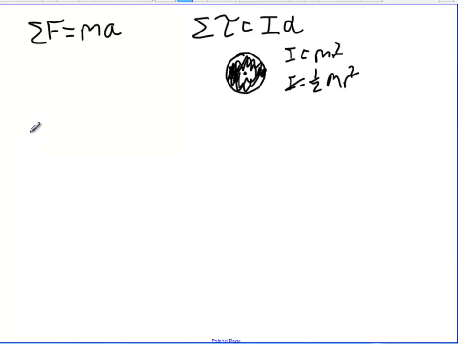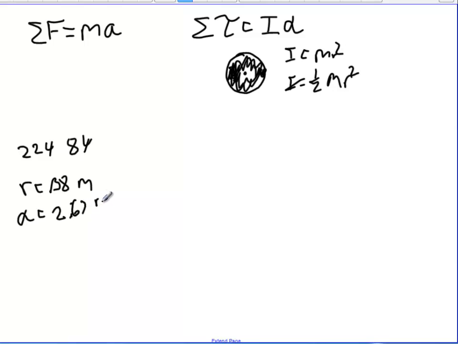So what can we do with these? Well, let's take a look at page 224 in your book, number 84. I want to quickly review how we solve one of these problems. It says a bicycle wheel with a radius of 38 centimeters, so R equals 0.38 meters, is given an angular acceleration, that's alpha, of 2.67 radians per second squared.